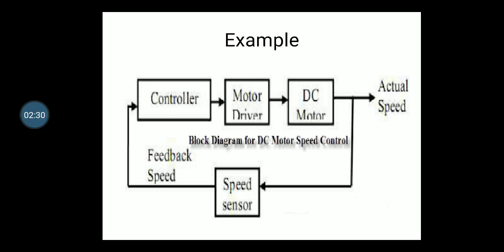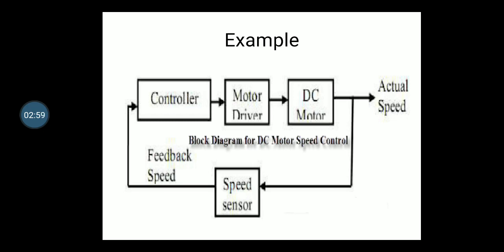Okay, so let's start. The first block is controller. Okay, now let's suppose this DC motor is running at the speed of 1000 rpm. Okay, the speed of this motor is 1000 rpm, and I want the speed now 1200 rpm.